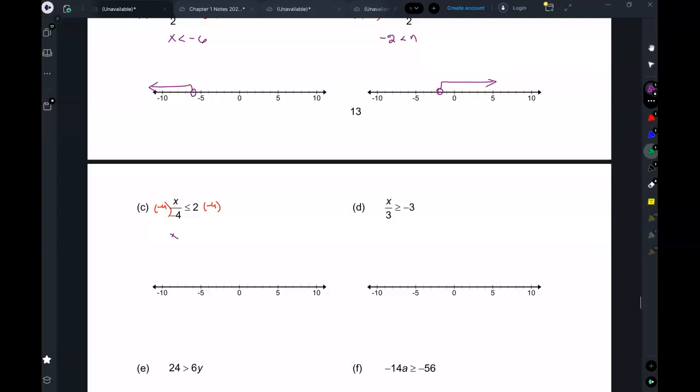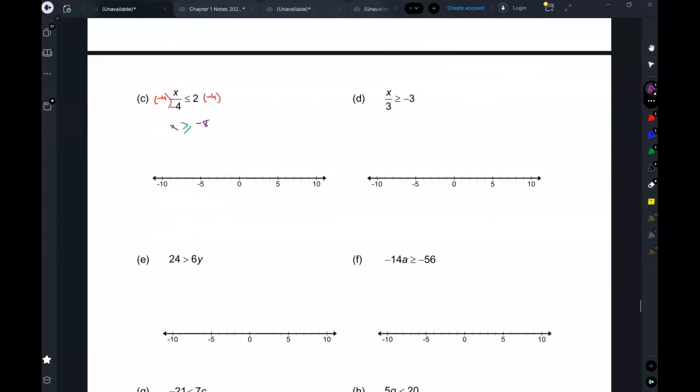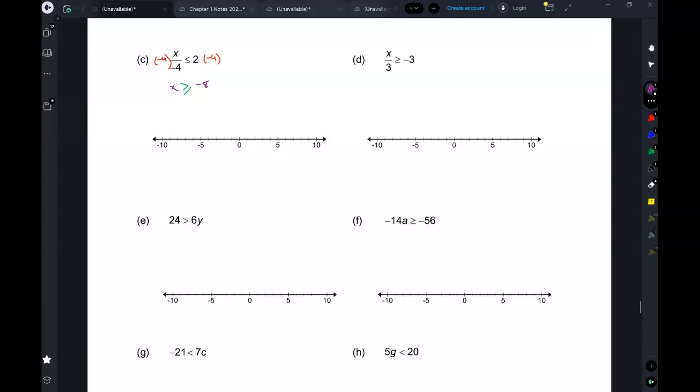So I've got to flip the sign to negative 8. Okay? Questions? Okay, so we go to negative 8, closed circle, and to the right.